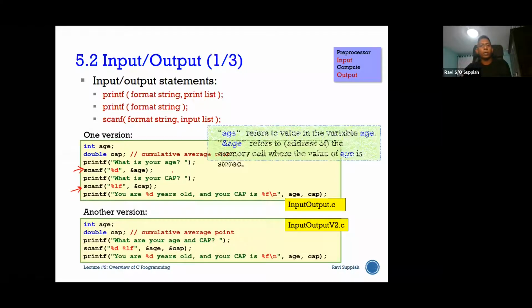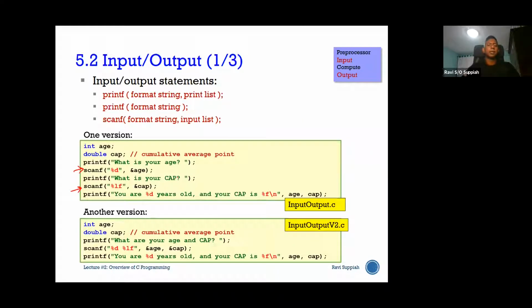Depending on what information you want to capture, you must set an appropriate variable data type to capture this information. So in this case, for example, you're asking for two different pieces of information. One is your age, the other is your CAP, your cumulative average point.